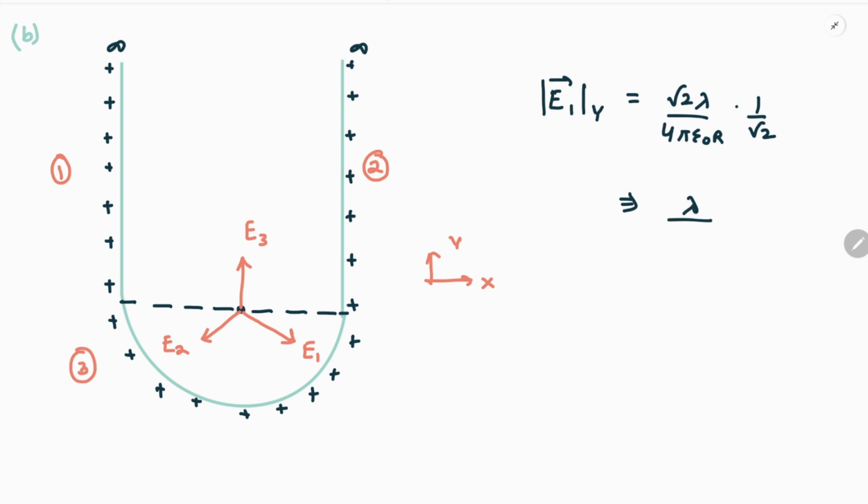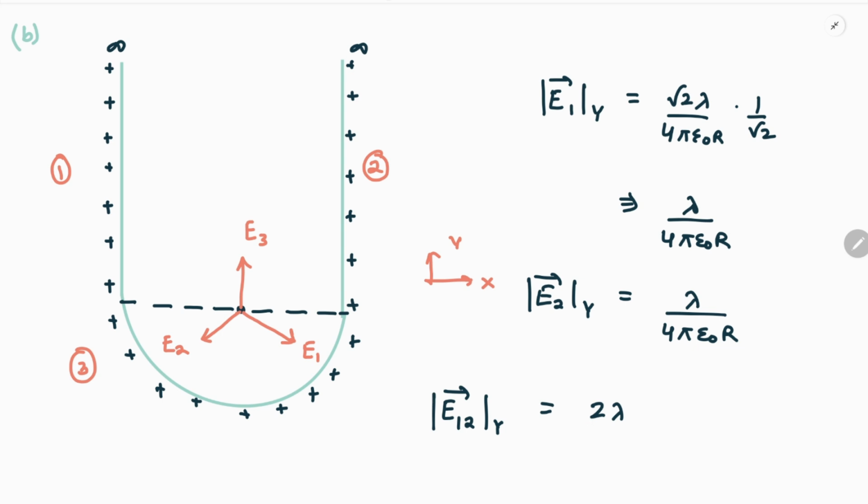So we have this value as lambda upon 4 pi epsilon naught r. For E2, the magnitude in the y-axis direction, which is again in the negative y direction, is the same, and the two values will add up together to give us the resultant E12. The magnitude is in the negative y direction, which is equal to 2 lambda upon 4 pi epsilon naught r, or it can be written as lambda upon 2 pi epsilon naught r.